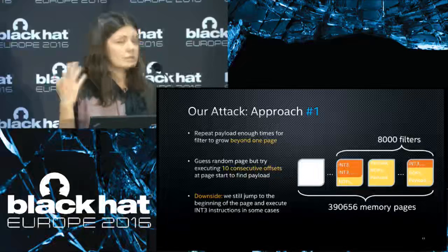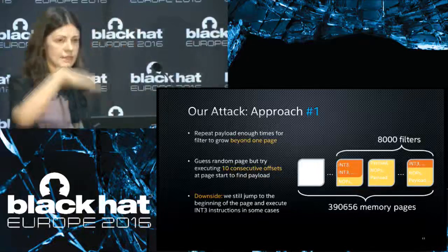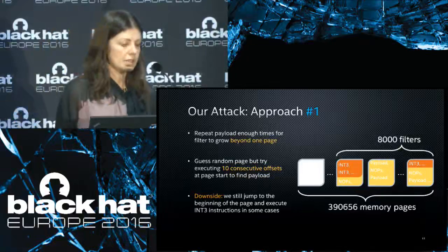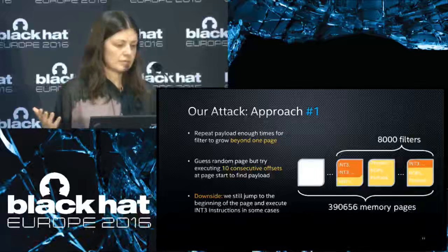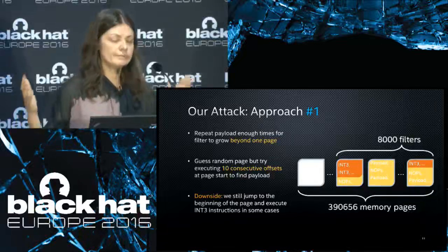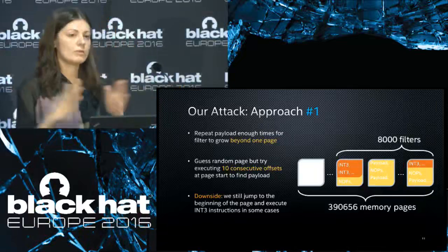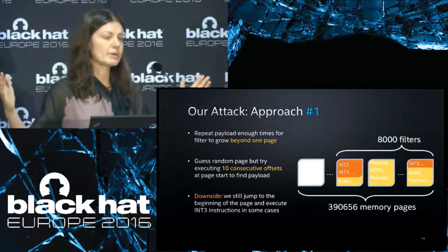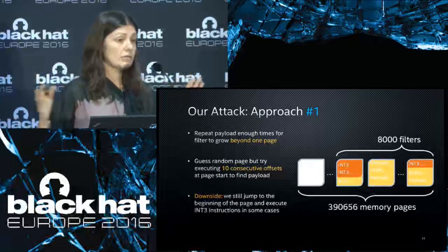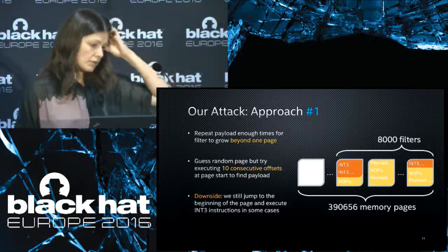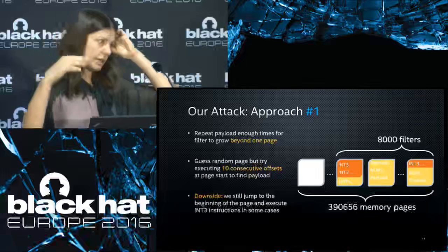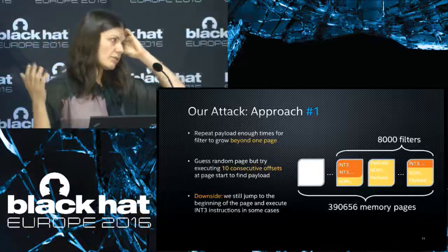So when I started to think about how we get a target, since we know the filter is random and everything is in free, our first approach was to just grow the filter. There is a limit on how big this program can be, but it can easily grow over one page. When it grows over one page, you have the filter starting at the beginning of a page.